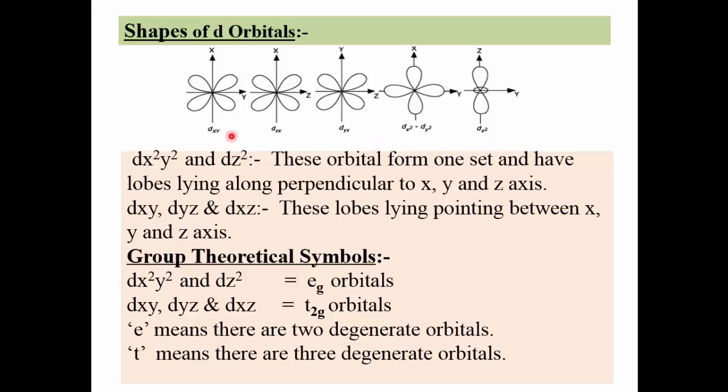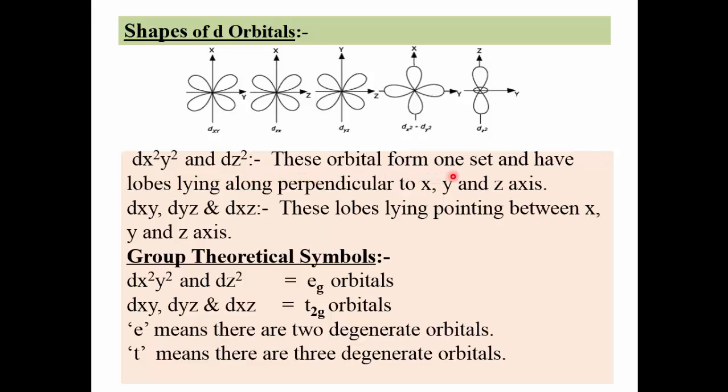Here we observe that for dxy, dxz and dyz, the lobes are in between the axes, while for dx square minus y square and dz square, the lobes are along the axes, along the z axis, along the x axis. Hence, there are two types of sets.